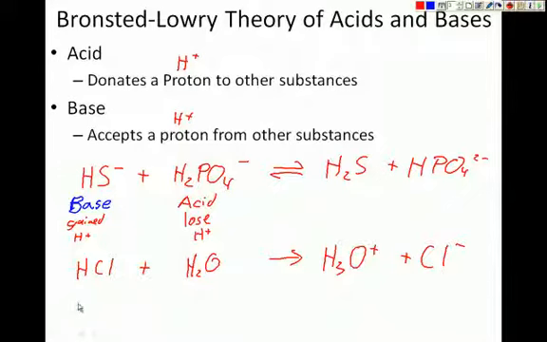So since it loses an H+, HCl is an acid. Now H2O became H3O+, and therefore it had to gain an H+, and therefore this is a base.